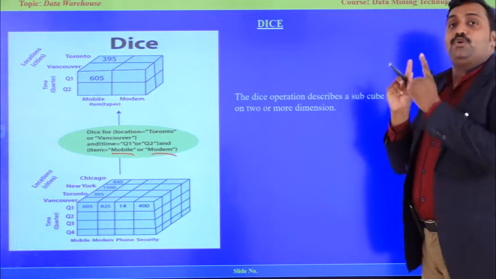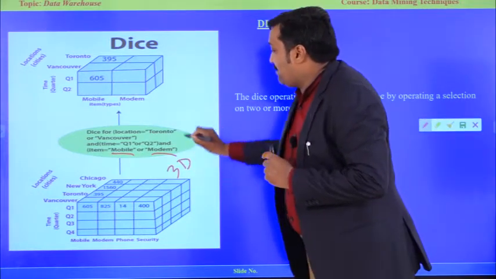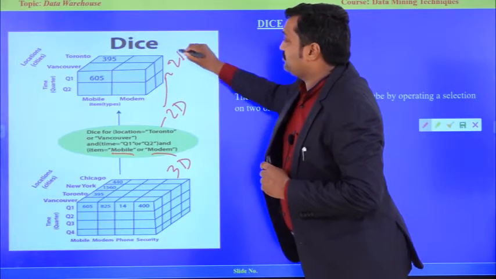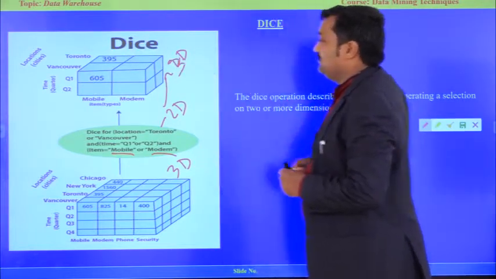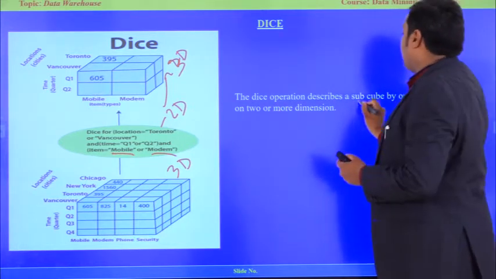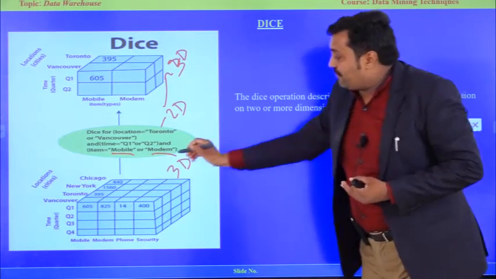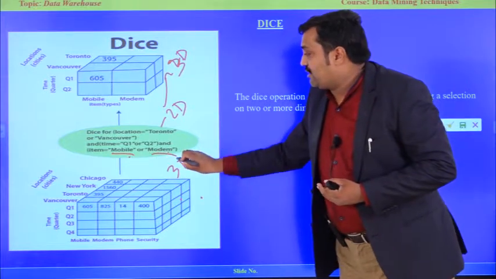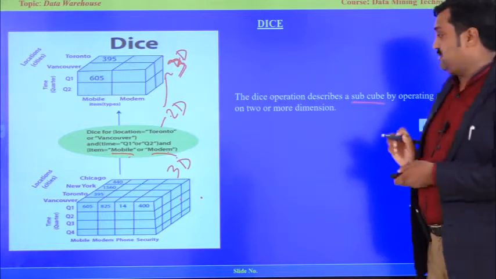That means I am passing 2 parameters on 3 dimensions, and generating a smaller 3-dimensional cube, a subcube. So dice means performing a 2-dimensional selection on 3-dimensional data and getting a subcube, that is dice.